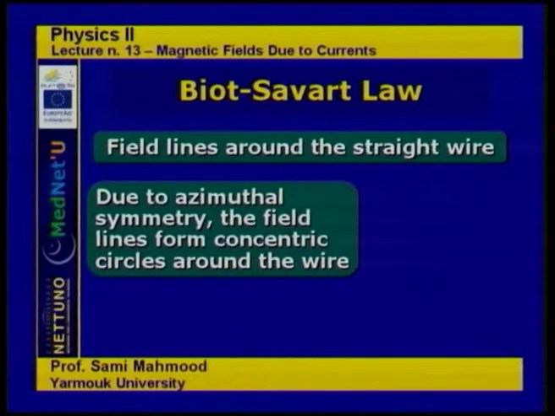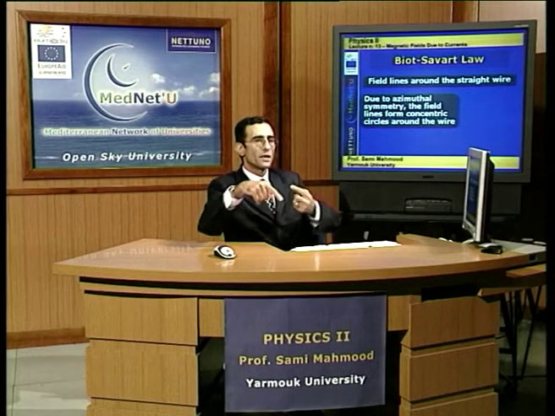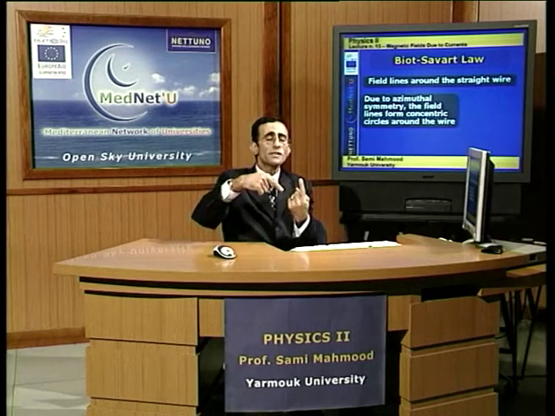We can draw a circle around the wire, and at each point on that circle we should get exactly the same magnitude of the magnetic induction. So the magnetic field produced by a wire carrying a current should make concentric lines around the wire.